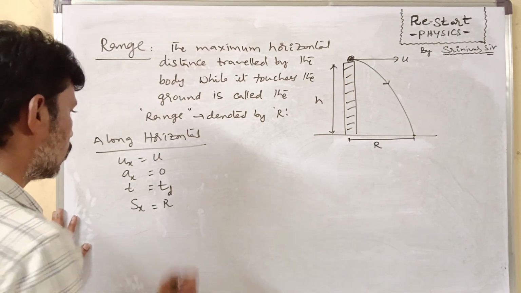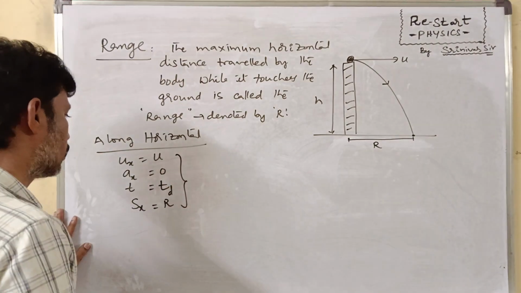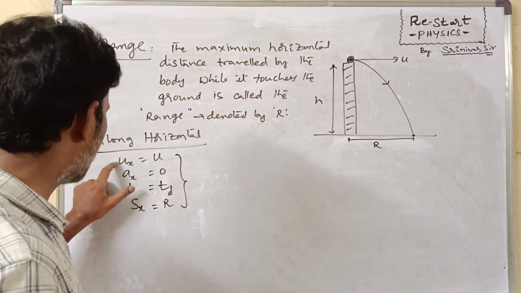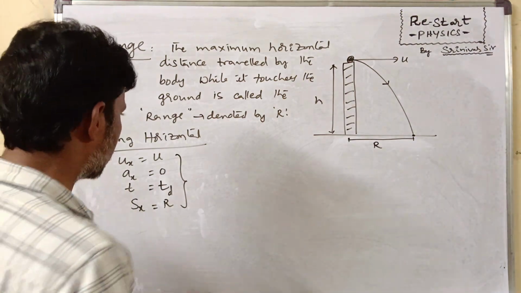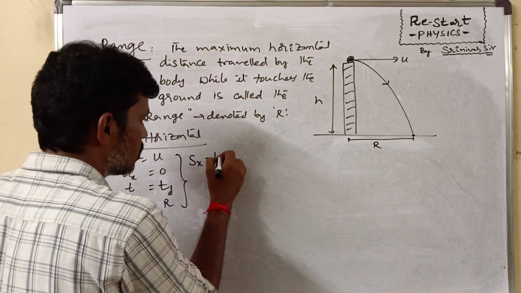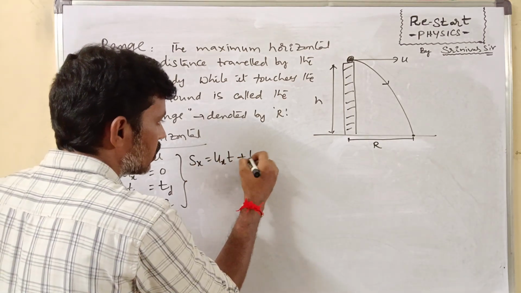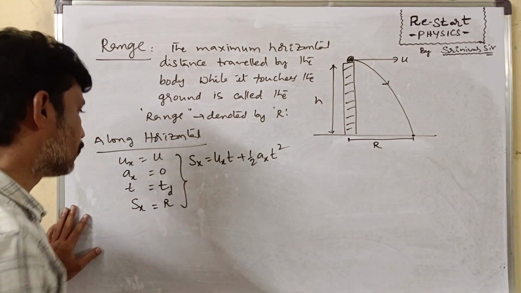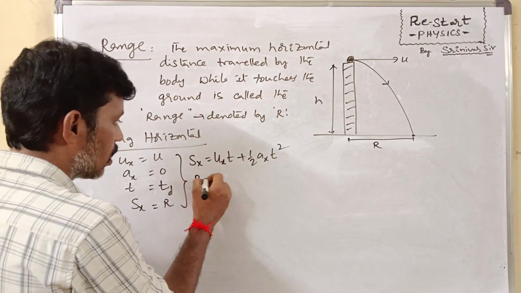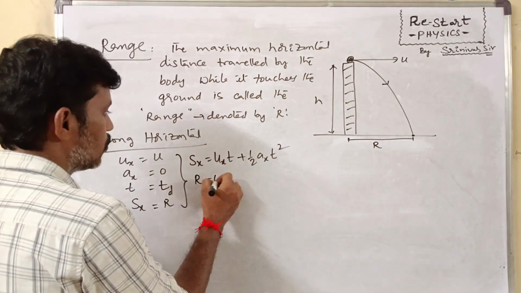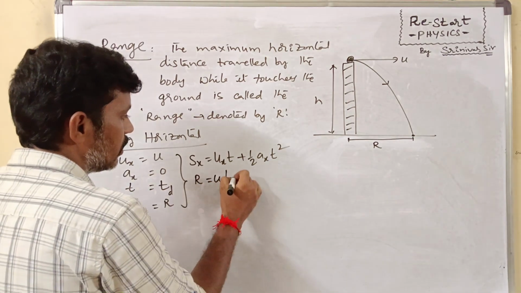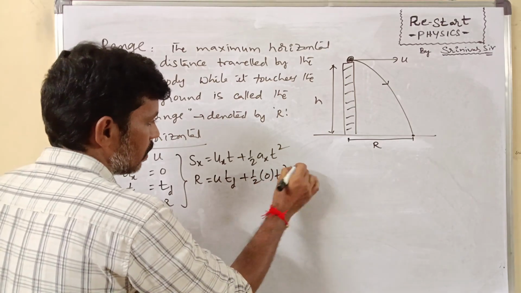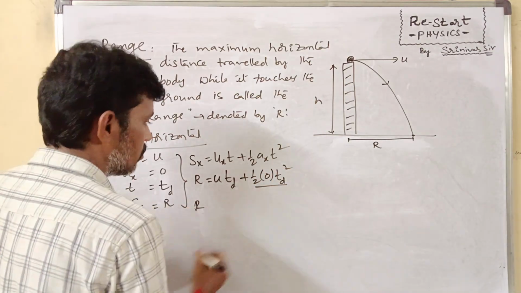So from these four kinematic quantities ux, ax, t, sx, we can write sx is equal to ux into t plus half into ax into t square. sx is equal to R. ux means u, t means td, plus half, ax means 0, into td square. The total term becomes 0.